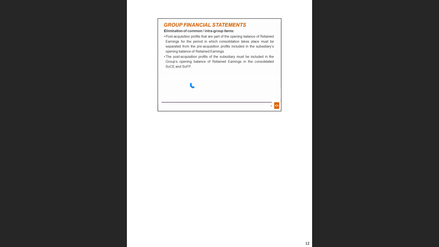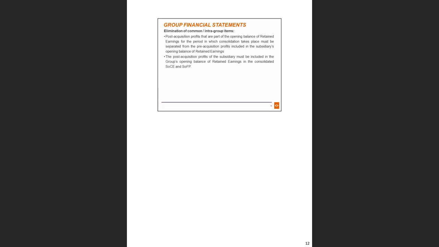So if it was acquired 4 years ago, the post-acquisition profits will consist of 4 years or 2 years or however long ago the acquisition took place. This post-acquisition profit then needs to be split into that which relates to the current year and that which relates to prior years after acquisition.